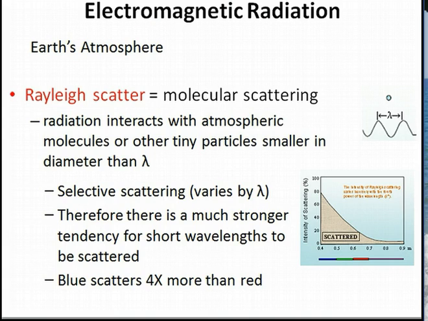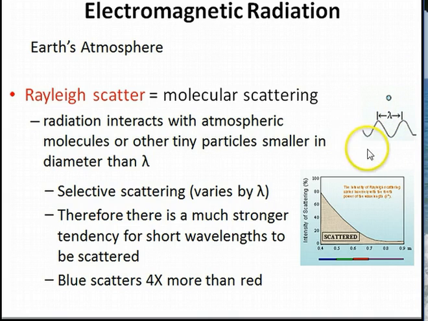Rayleigh scattering is sometimes called molecular scattering because it only occurs with very small particles. And when I say small, I'm talking about on the order of magnitude of the wavelengths themselves. So these molecules, these particles, are so tiny that the larger wavelengths would just zoom right around them and not interact at all.